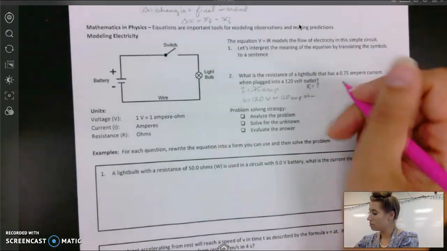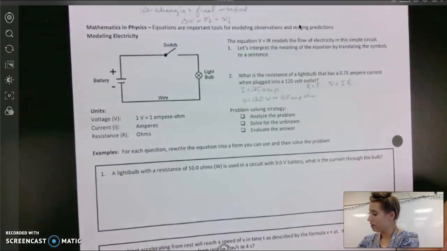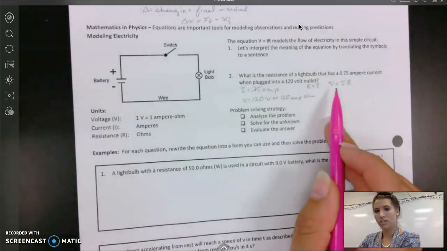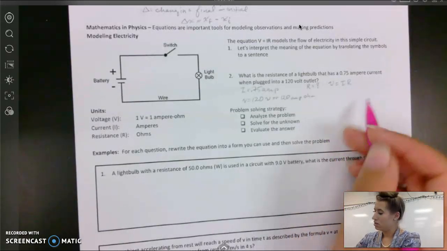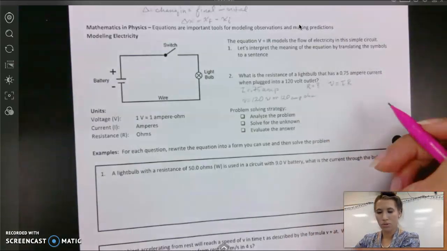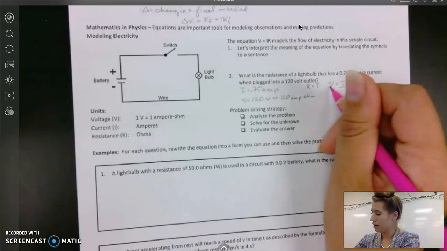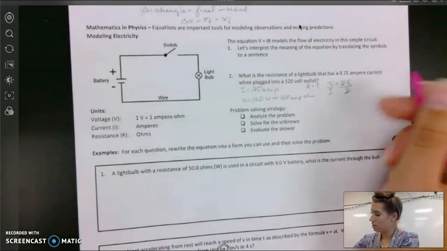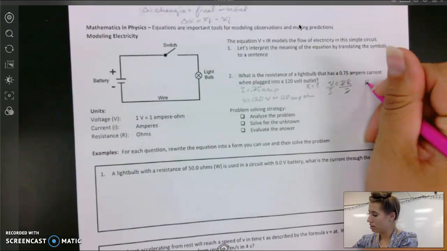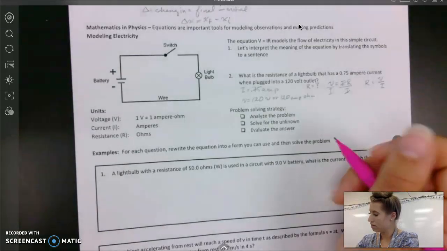And we're going to use the V equals IR equation, but we need to rearrange it to solve for the resistance. We need to get resistance by itself. So in order to do that, these two terms are multiplied together, so we're going to divide both sides by I. Here it cancels. So our new equation is R is equal to V over I. Okay?